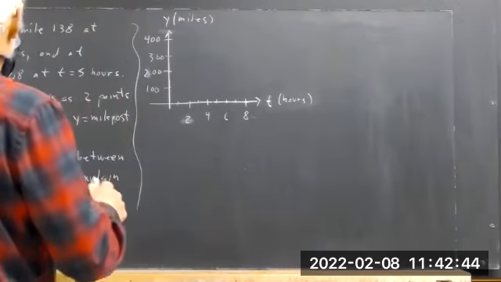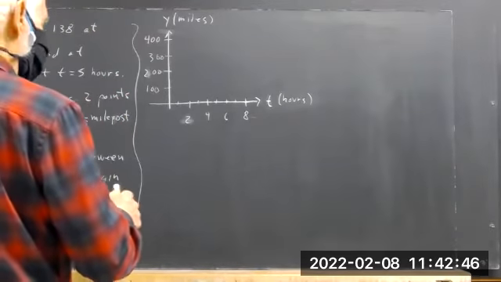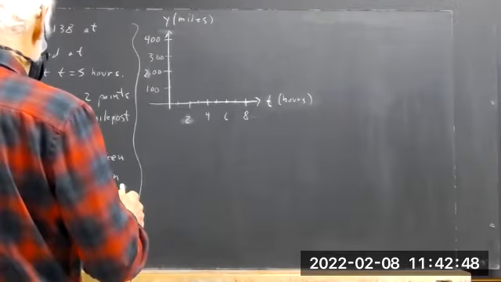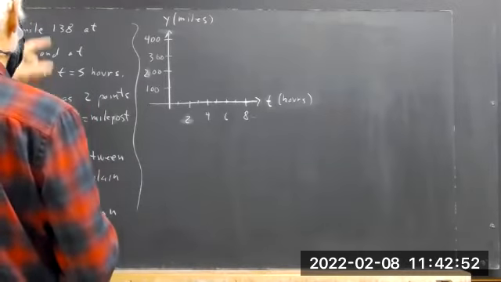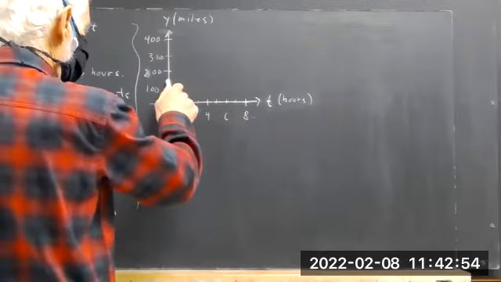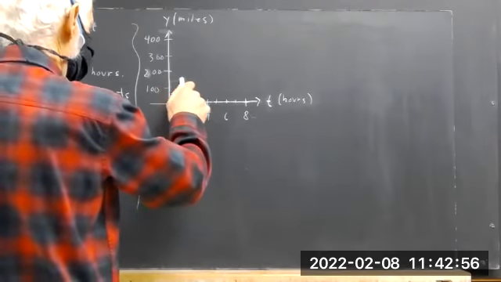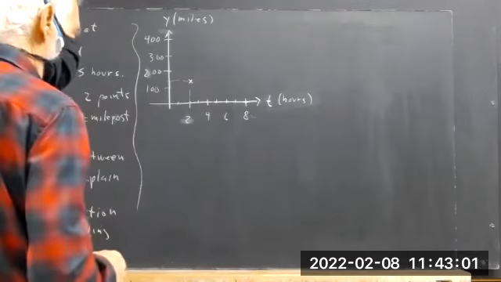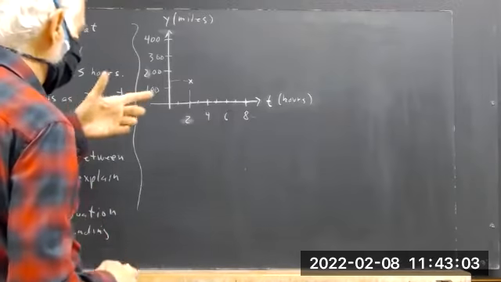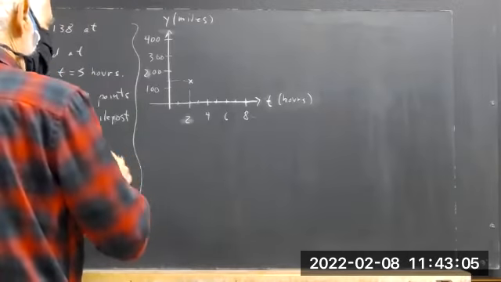And now, after 2 hours, we're at 138 miles, sorry. So 138 would be about here. 2 hours is about here. Now, it's a good idea to label this point.